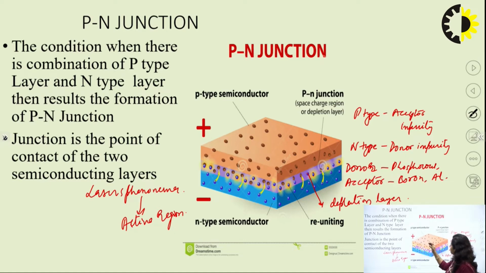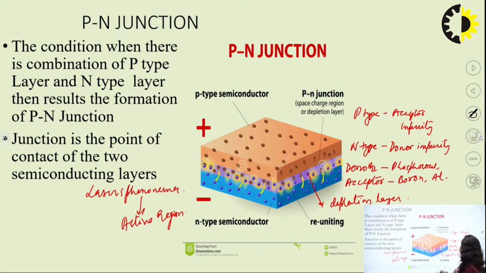Here we provide positive voltage to the P type and negative voltage to the N type. When you do this, the holes in the P type are repelled from the positive side, and the electrons in the N side are repelled from the negative side, and they cross the junction. The immobile charge carriers are deposited in the depletion layer, and we have a thin depletion layer in this situation.